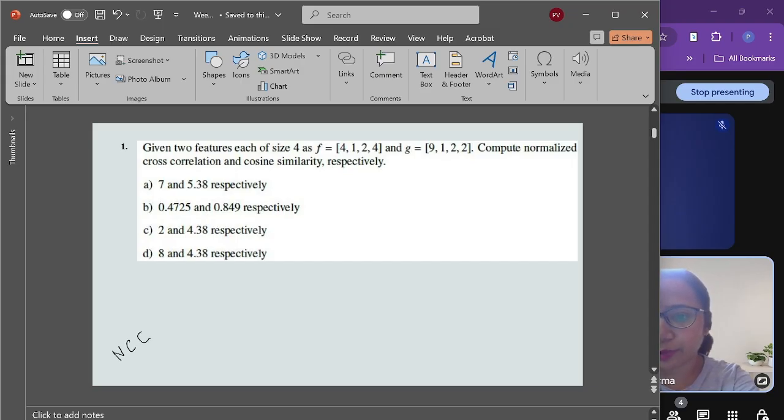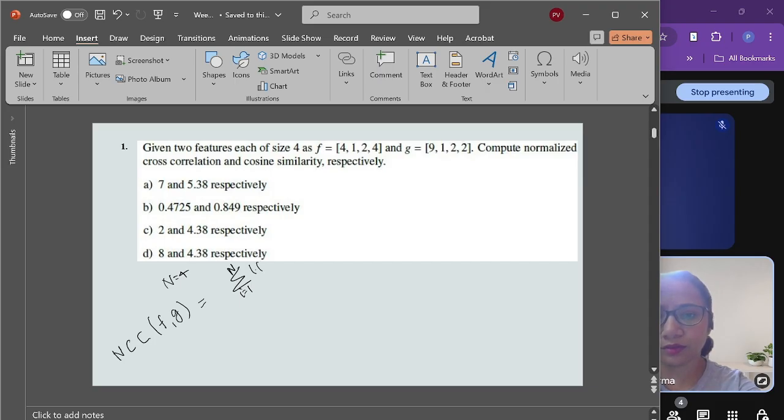I am representing the normalized cross correlation by NCC, between the two variables f and g. Here the formula is this. I will vary i from 1 to n, where n is the size of the feature vector. Here it is a feature vector of size 4, so n will be 4 only.